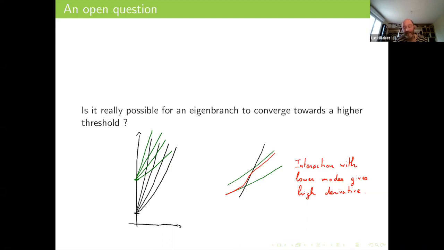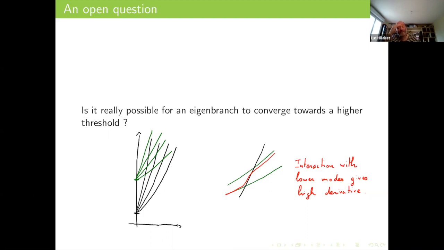So this red eigenbranch, when it is close to the black eigenbranch, has a very high derivative. If you imagine that this red line converges to the green threshold, it will keep on crossing these black lines, because there is an infinite number of eigenbranches that go down to the lowest threshold.